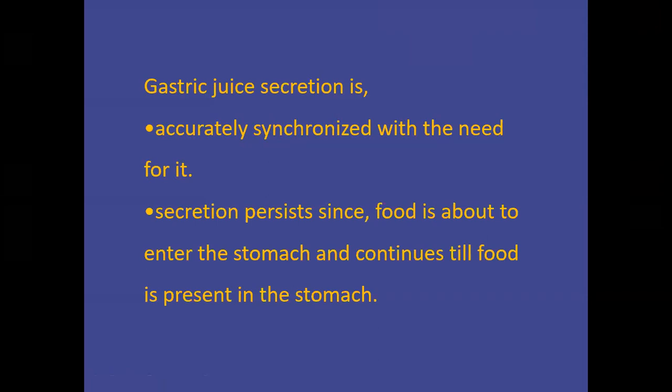Then and there, thinking of the food, the smell of the food, the appetite is sufficient to increase the activity of the parietal cells or other cells in the GIT. And that activity continues because of the presence of the food. When you actually start eating, the secretion, which started from the cephalic phase, just thinking about the food, continues as long as the food is present in the stomach.